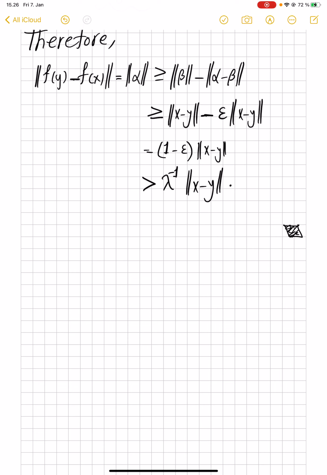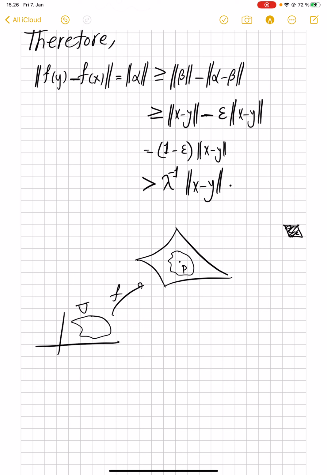So this was quite long, so let me recall what we just proved without scrolling back up. Given a manifold, at every p we have a local parameterization of a neighborhood of that point such that the distance between f of y and f of x is between lambda times the norm of x minus y and lambda inverse times the norm of x minus y, and a similar property holds with the other distance.